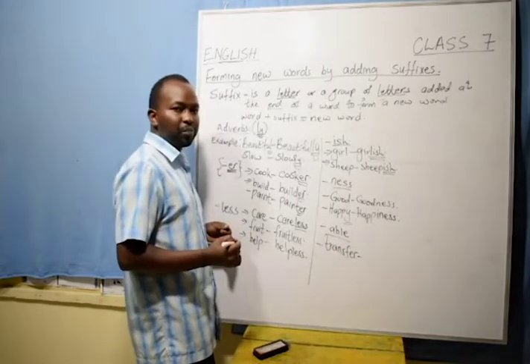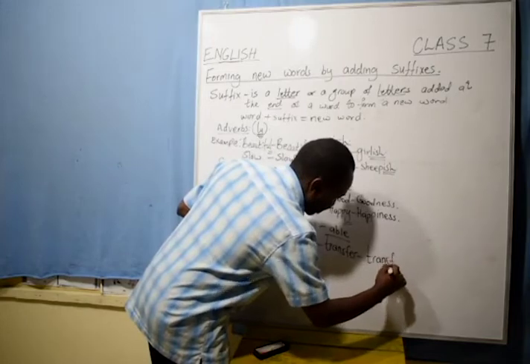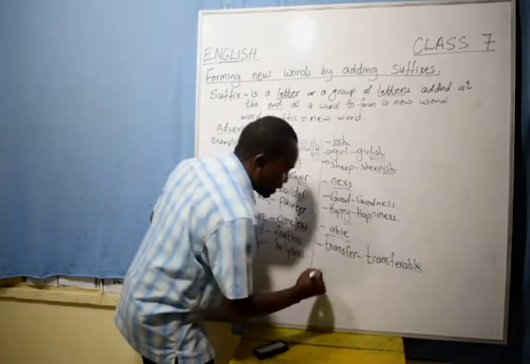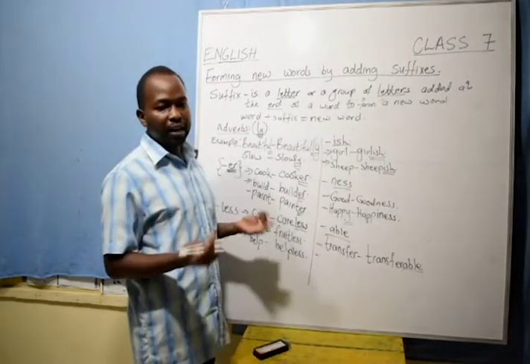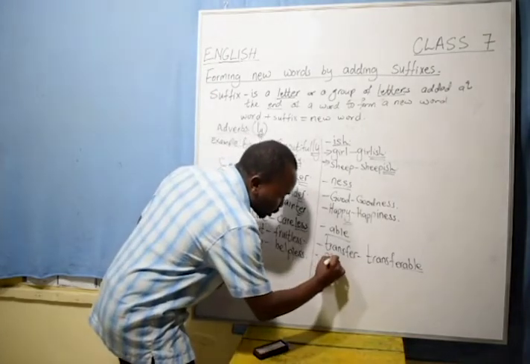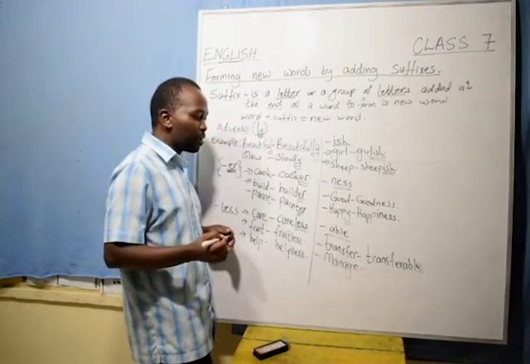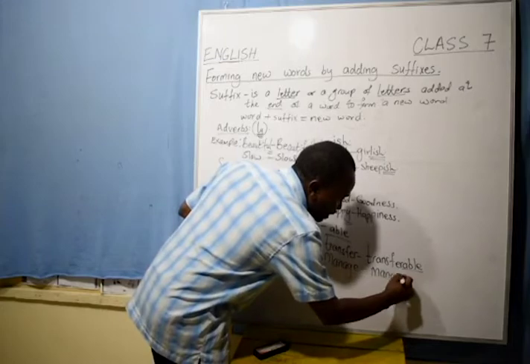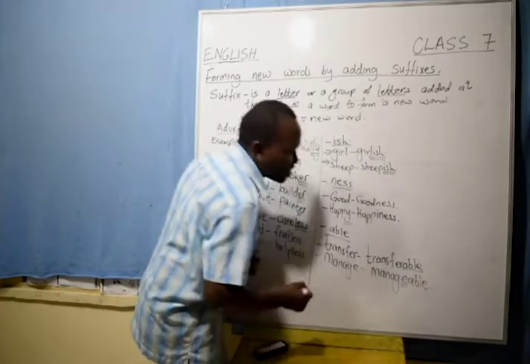And the new word will be transferable, meaning it can be changed from one person to another. You have the word manage. The new word will be manageable. And in this case, don't drop the E. Just add the suffix able.